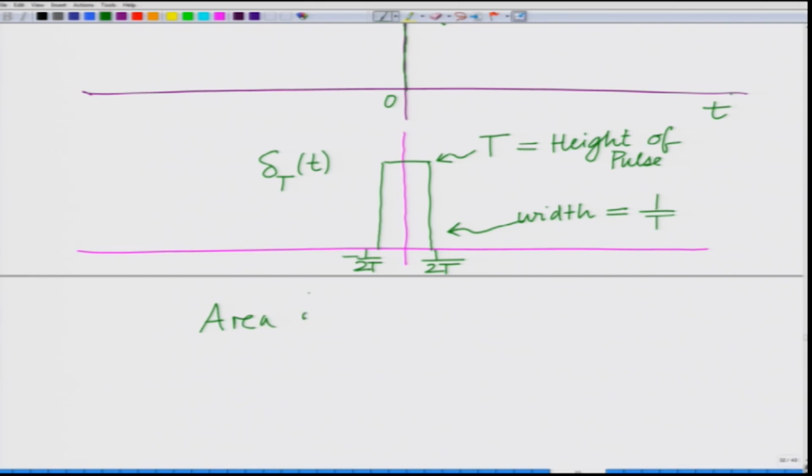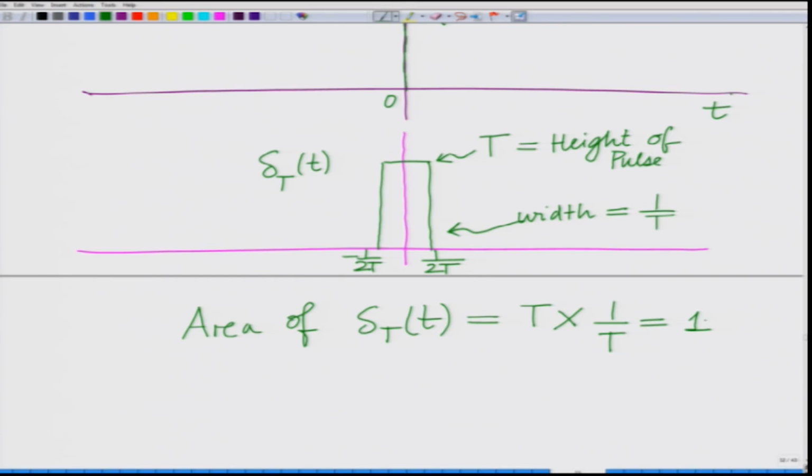Now, you can see the area for any capital T: the area of delta T is basically its height, which is equal to T, into the width, which is 1 over T, which is equal to unity.